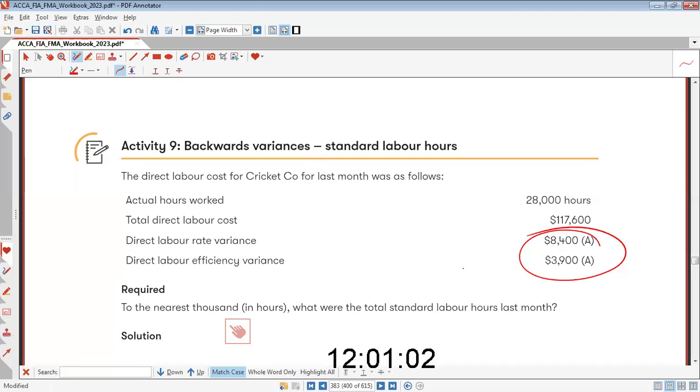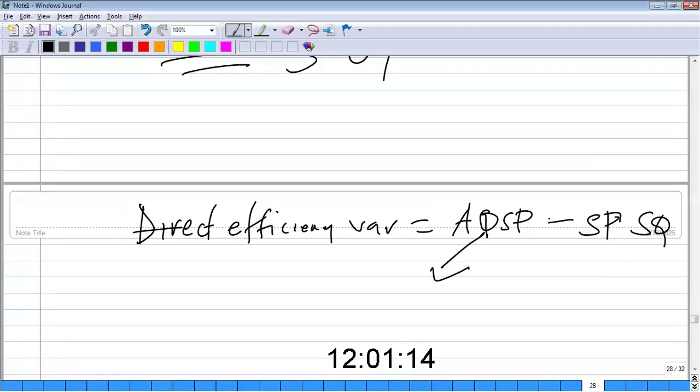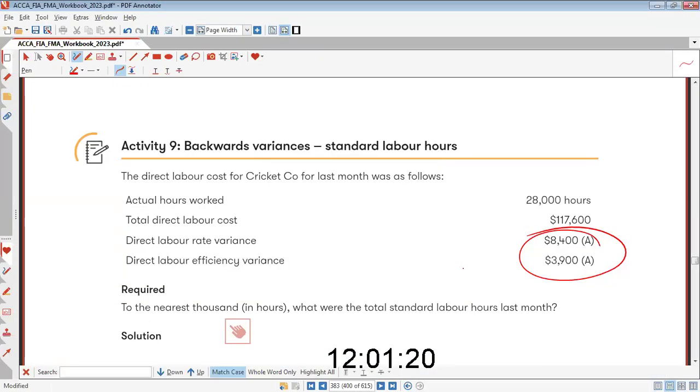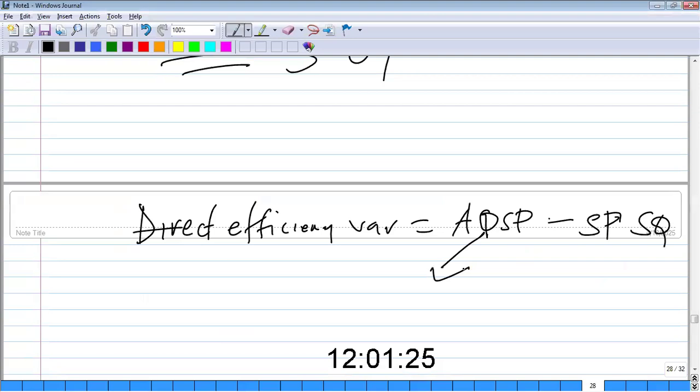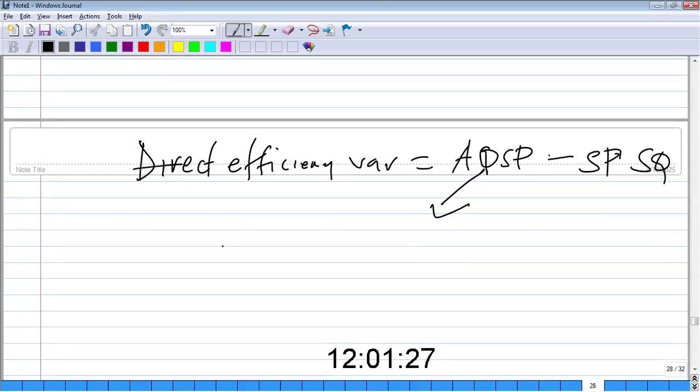Then we have total direct labor cost, which I don't need right now. So in this formula, we only have one. Let's write another one.